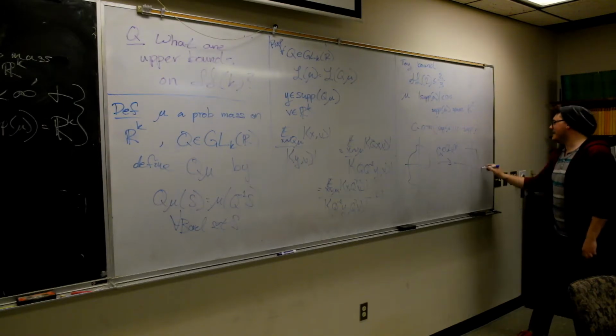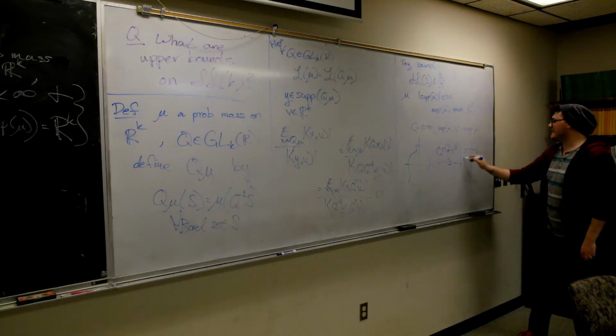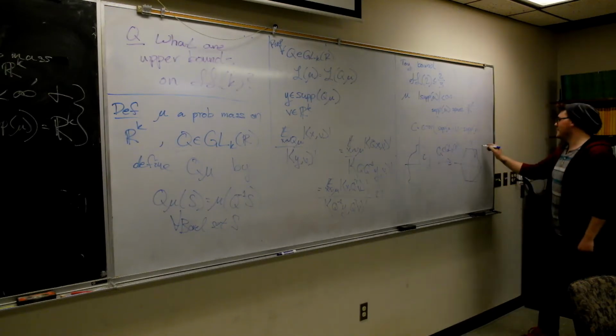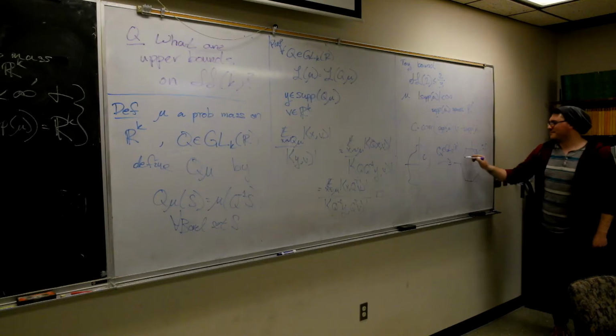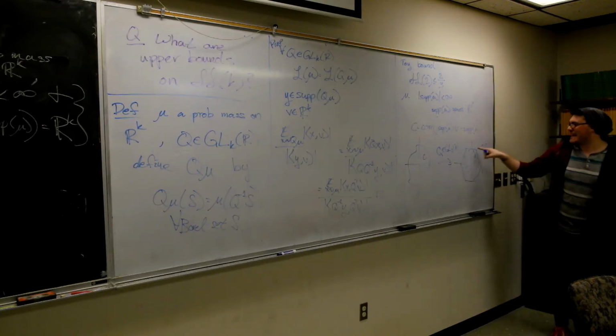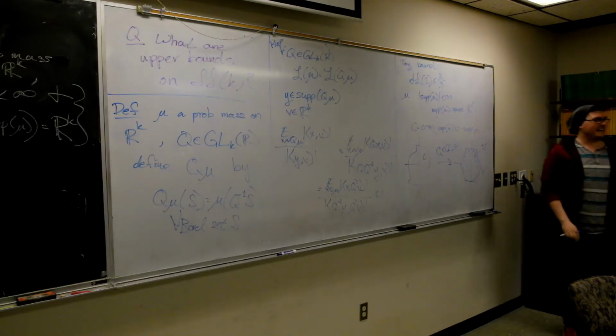We have a regular hexagon H, and C is circumscribed. So this is some C, and this is Q times C. Circumscribing just means that every edge of the hexagon contains a point of Q times C.